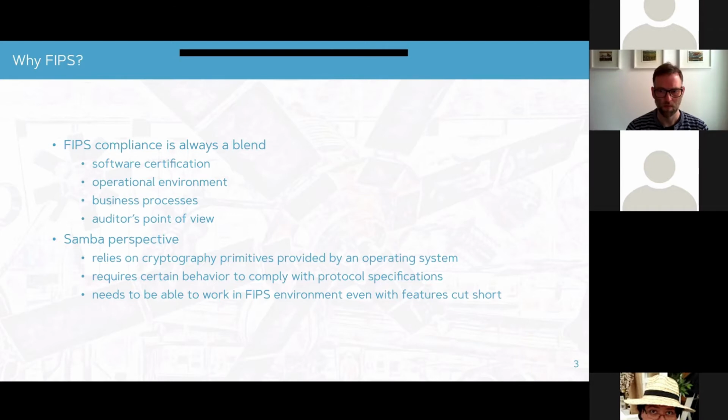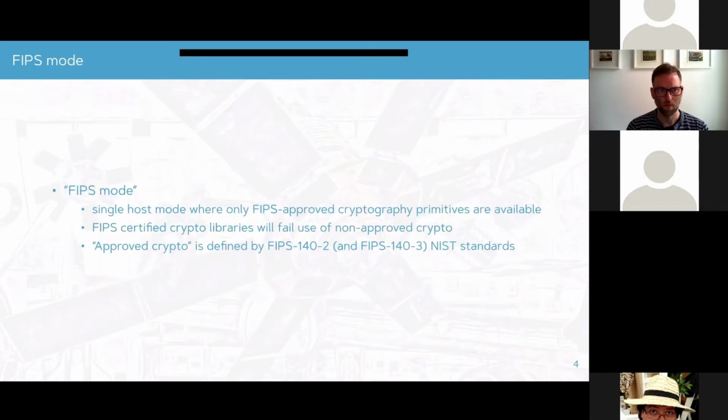During this work, we weren't even sure what the feature set was that we could actually work with, what would be cut off and what would still stay there. So this was really an open path.